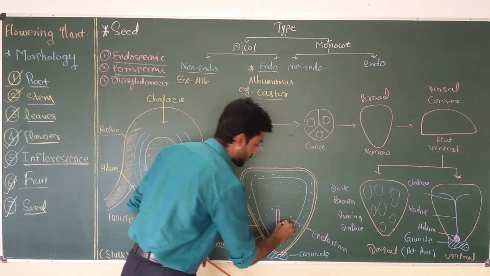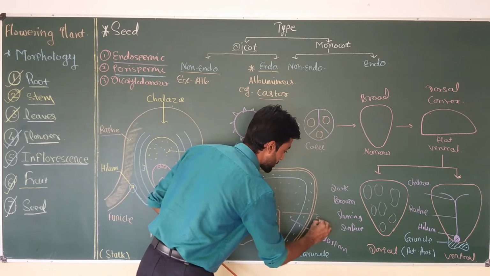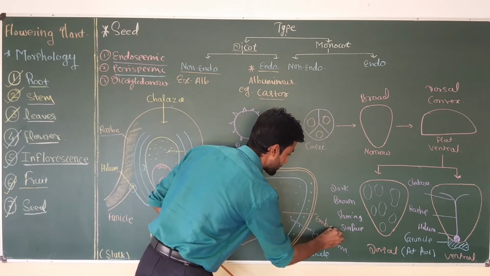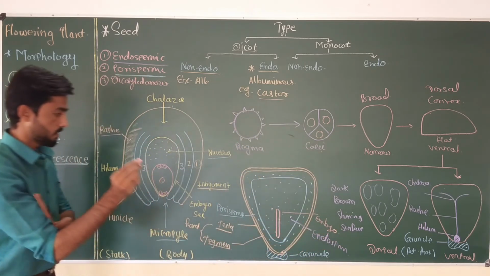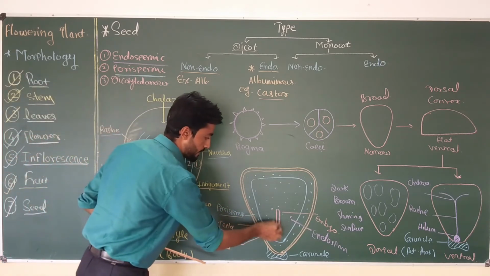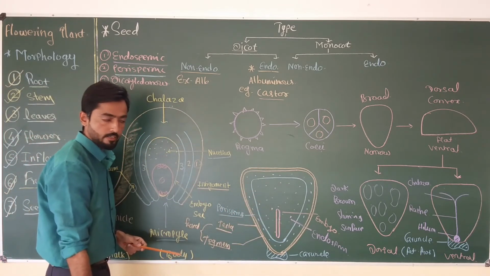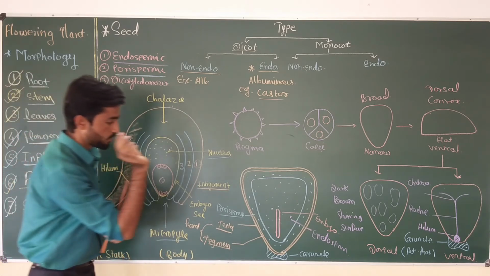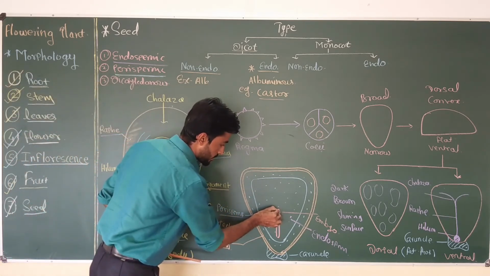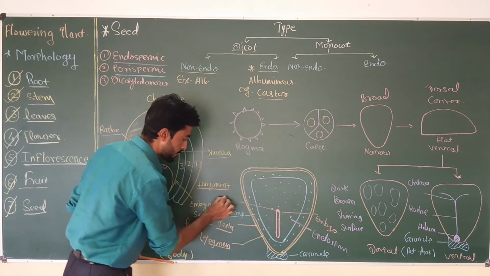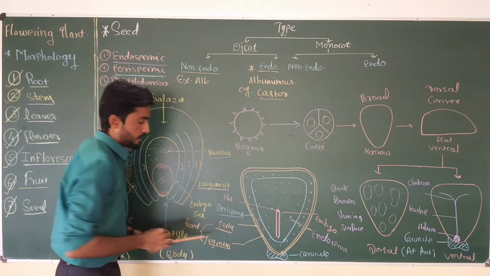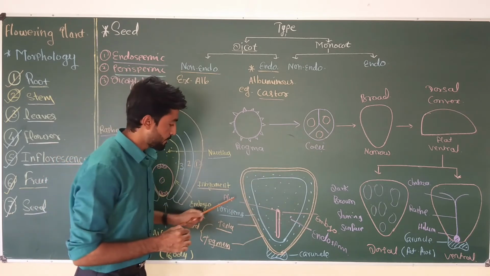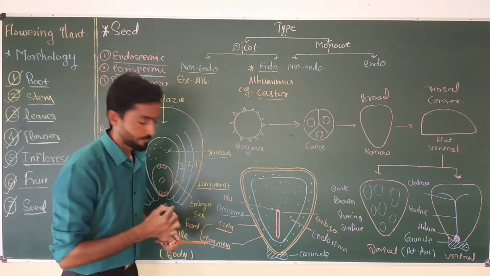So this is the embryonal axis, and now the embryonal axis shows different parts. I have already discussed the different parts of the embryonal axis in my last video. The upper point of the embryonal axis is known as plumule. When the seed germinates, the plumule produces the shoot system.